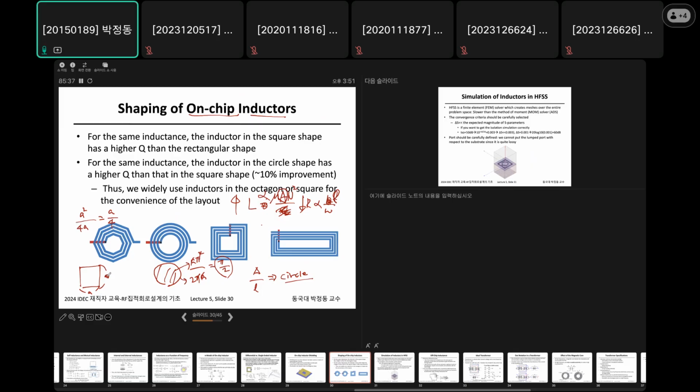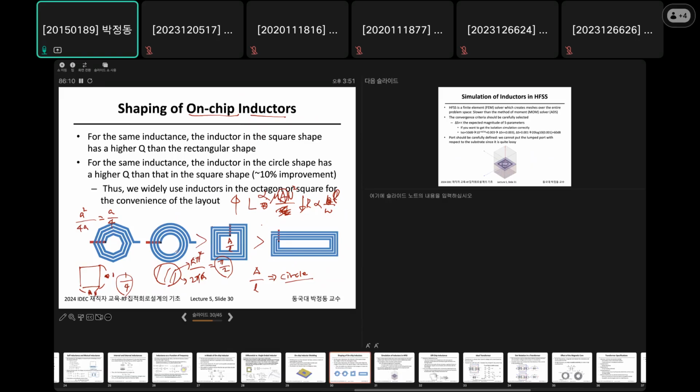Let's say this is a 1, this is a 1, okay? Then this is a 4, this is a 1, okay? This is the ratio. So this aspect ratio, this square has a better A over L compared with the rectangle, but this circle is better than this square.